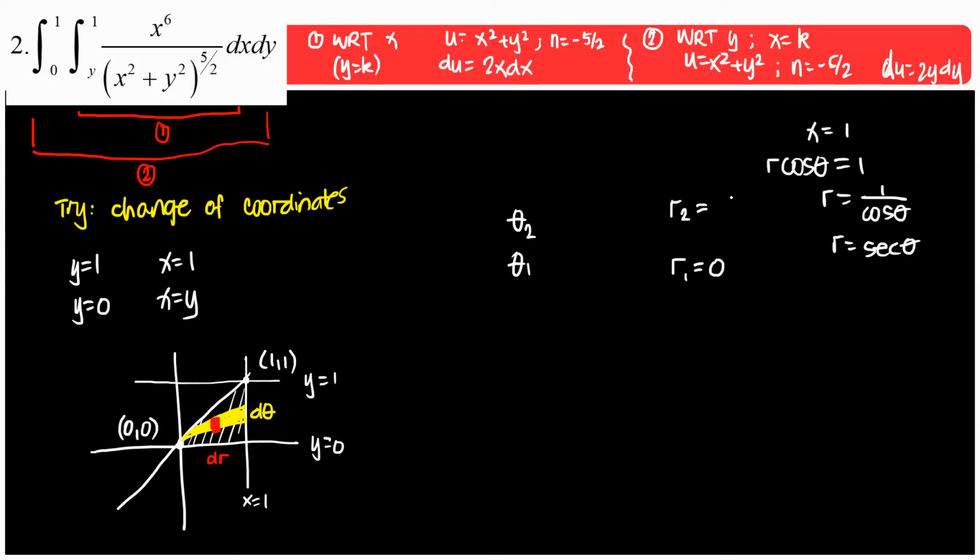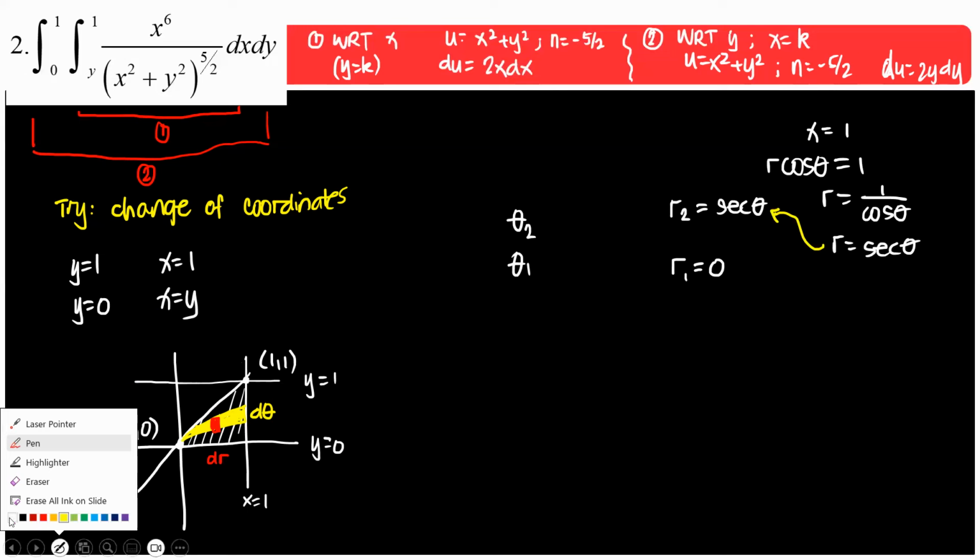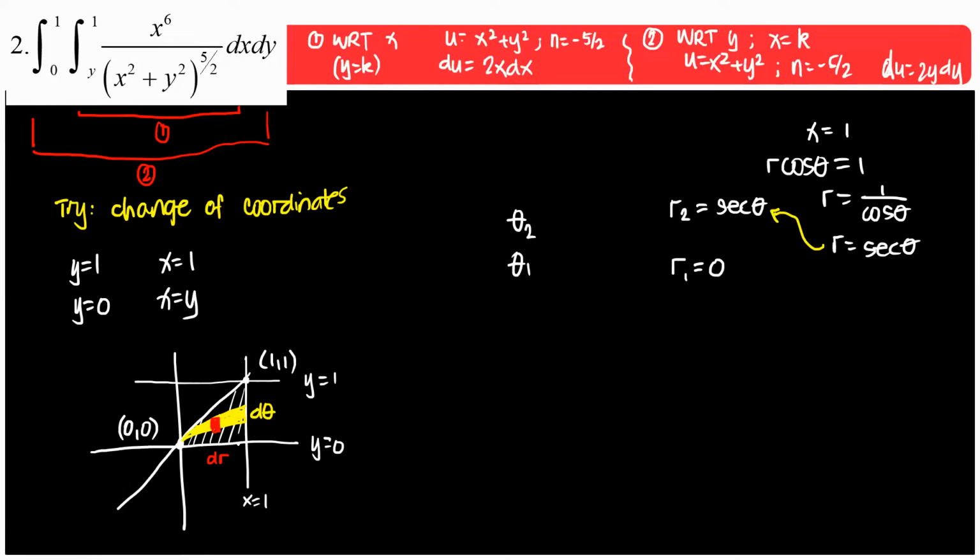So R2 would then be equal to secant theta. That one there is actually this one. Now for theta, it starts from the x-axis. So it starts from 0.